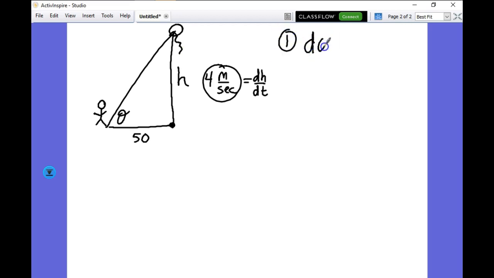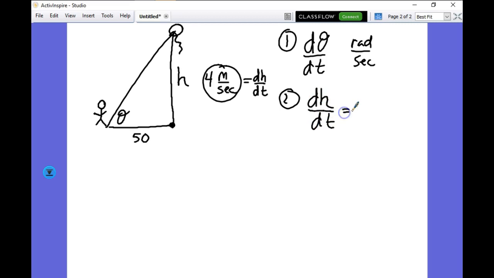I am trying to find the rate of change of the angle, which of course we talked about in class in radians per second. It was seconds, wasn't it? Let me double check. Yeah. Okay. Next, they give us a rate, and the rate that they give us is dh/dt. And that rate is 4 meters per second, and it's positive because the balloon is going up.